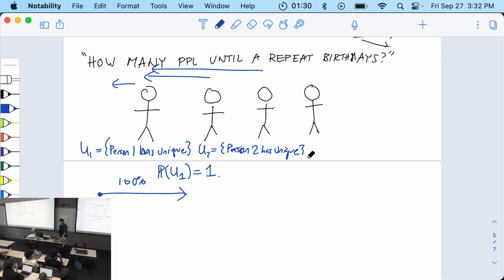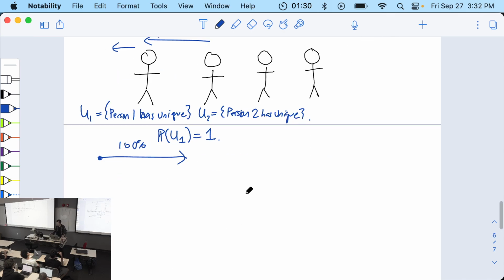And yeah, the precise thing is in the mathematized version. So person 1 definitely has a unique birthday, so the chance they don't have a unique birthday is 0%. Person 2, conditionally on the event that person 1's birthday was unique, of course that always happens, but given that person 1 had a unique birthday, the chance that person 2 has a unique birthday is not quite 100%, because there is a small chance that these first 2 people walk in the room and they both have the same birthday.